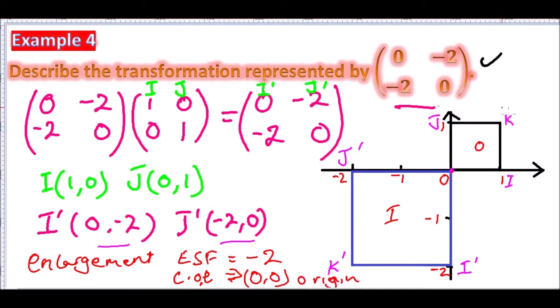So I think we have seen that it is very easy to use the unit square to give the transformation represented by the matrix.